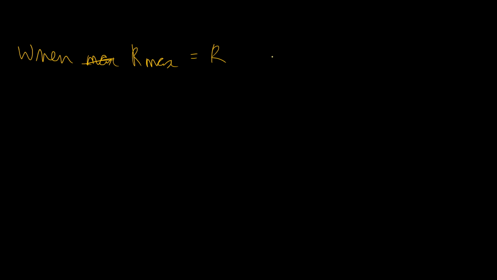That is, when R max is equal to R, it implies H max is equal to R by 4. That is, when the maximum range of the projectile is equal to R, then the maximum height is given as R by 4. This is also an entrance point. Very, very, very important.